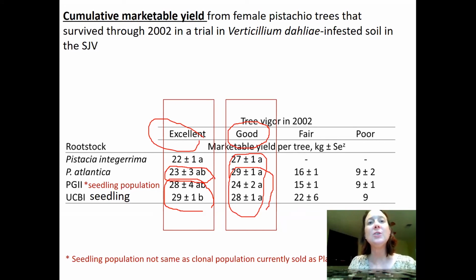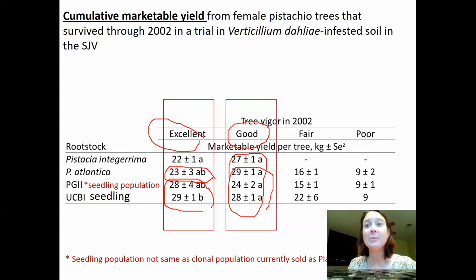So at the end of the day, that UCB1 seedling is a very good producer, maintains high yield. The Platinum, the reciprocal cross, is verticillium resistant and is also a strong productive selection. Atlantica, our historic rootstock, is susceptible to verticillium, but it was a good rootstock and it's what conferred the frost tolerance.